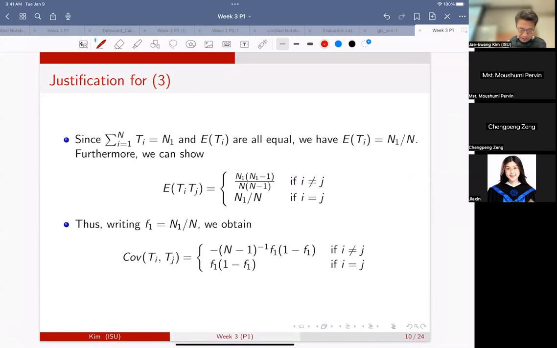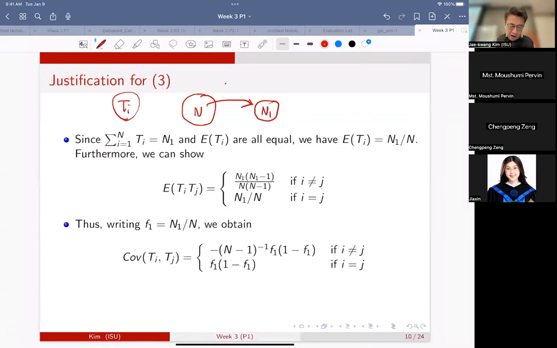This is actually exactly the same as simple random sampling, because we know Ti. What is Ti? You have a population of size capital N, and then you select a sample of size N1.